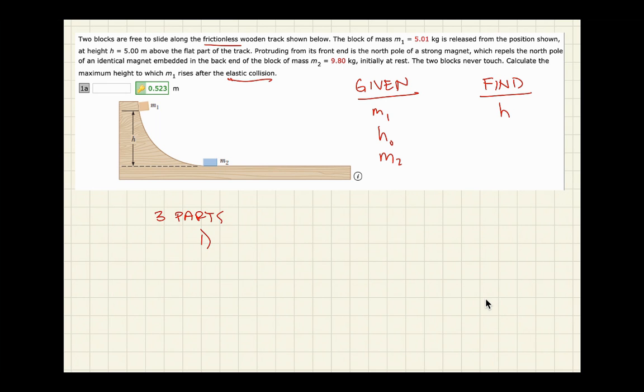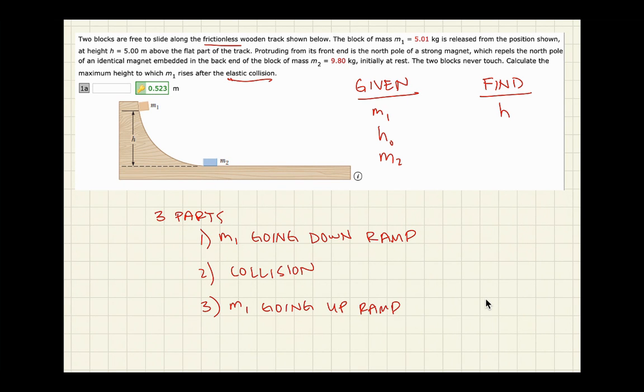Part one would be M1 going down the ramp. Part two would be the collision. And part three would be M1 going back up the ramp. If we want to reverse engineer this problem, for this last part I need to know H max.